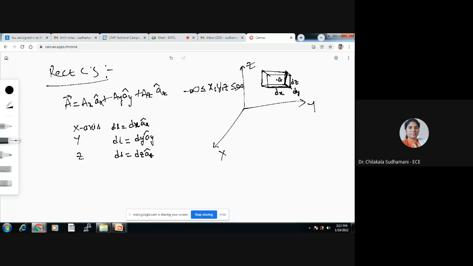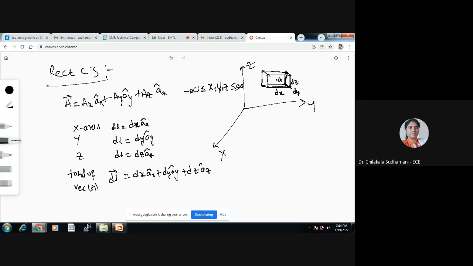Now if I want to find the total length of vector A, it is represented as dl bar. dl bar is equal to the sum of all the direction components: dx ax cap plus dy ay cap plus dz az cap.